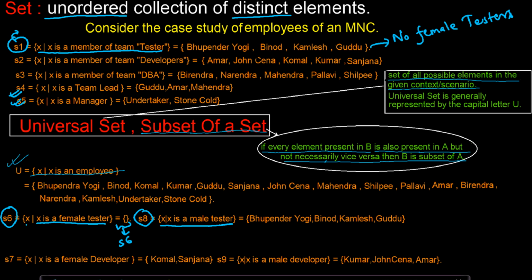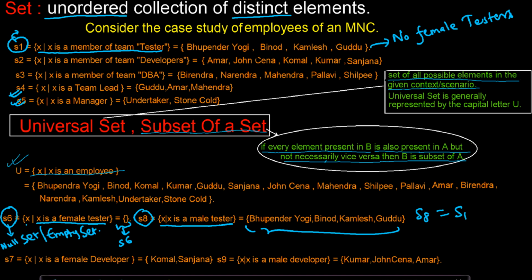So S6 is a set with 0 elements, or a set with no element. This is also called a null set or empty set. Now what is S8? S8 is X such that X is a male tester, and every tester is a male tester. So S8 is nothing but S1 itself.